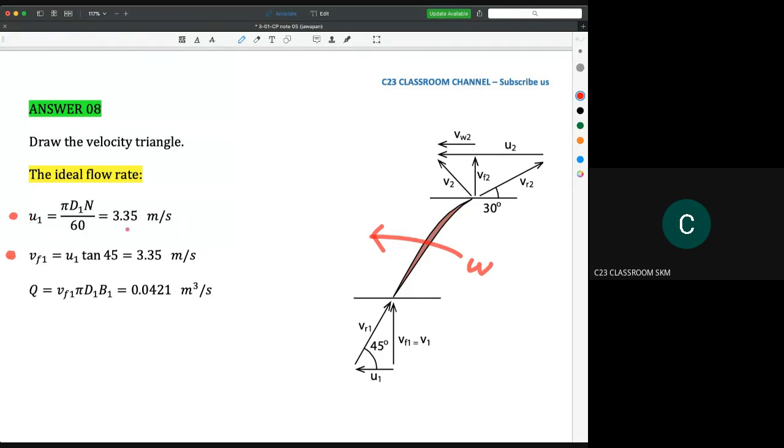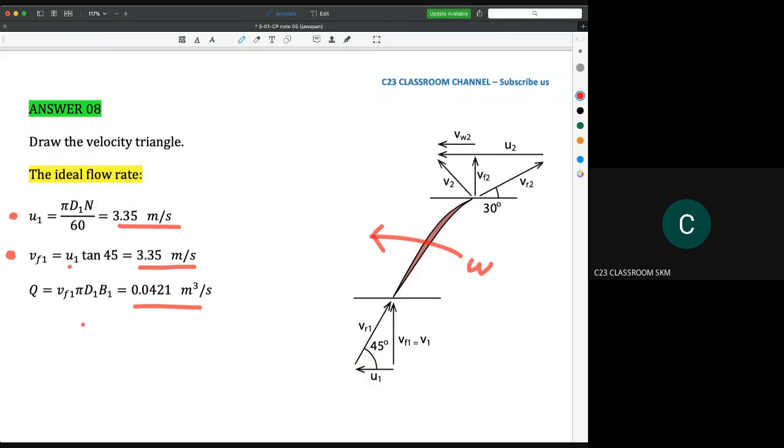U1 can be calculated, and it is about 3.35 meter per second. And then VF1: because we have a 45 degree angle here, and we already know the value of U1, we get it is equal to 3.35 meter per second. Then we could calculate the value of Q by using VF1 pi D1 B1, which is equal to 0.0421 meter cube per second.